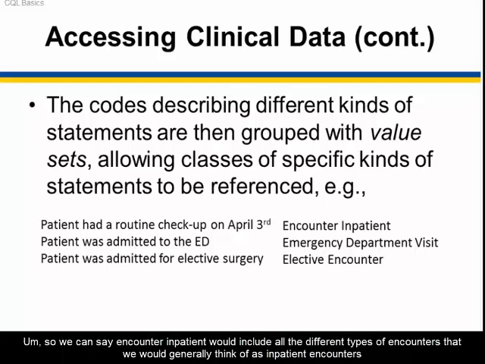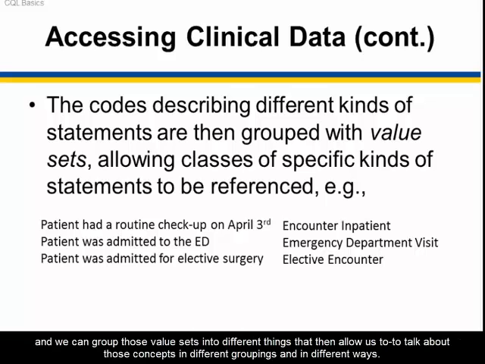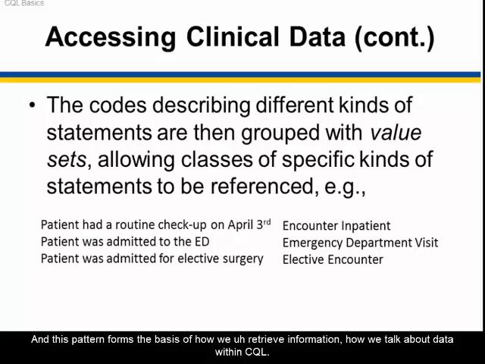So we can say an encounter inpatient would include all the different types of encounters that we would generally think of as inpatient encounters. And we can group those value sets into different things that then allow us to talk about those concepts in different groupings and in different ways. And this pattern forms the basis of how we retrieve information, how we talk about data within CQL.